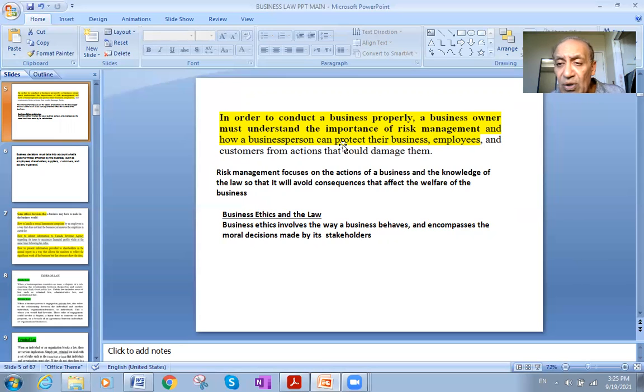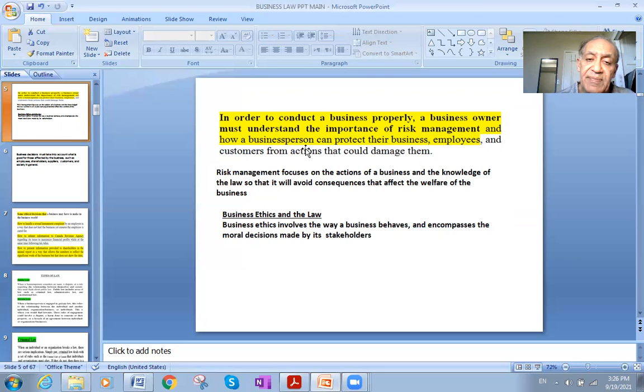And risk also happens for many reasons: volcanoes, earthquakes, natural disasters, or technical errors or human errors, all of which lead to risk. So business law also helps in mitigating and reducing the risk. That's why it is doing this.